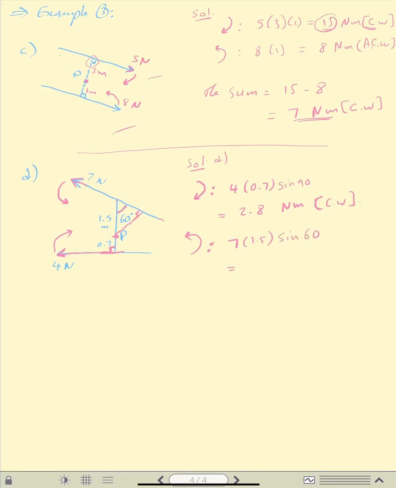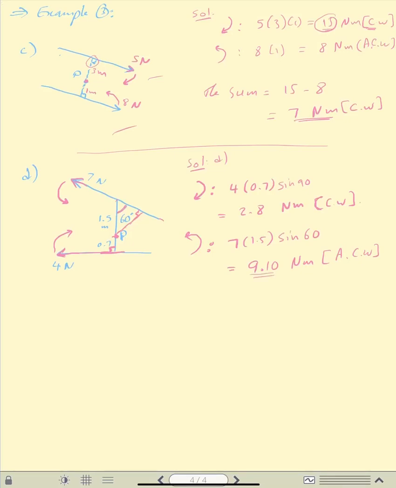Then we calculate 7 times 1.5 times sine 60, which is 9.10 Newton meters anti-clockwise.